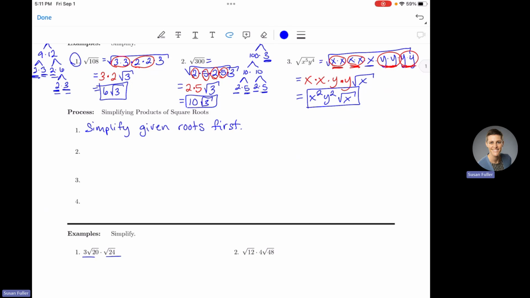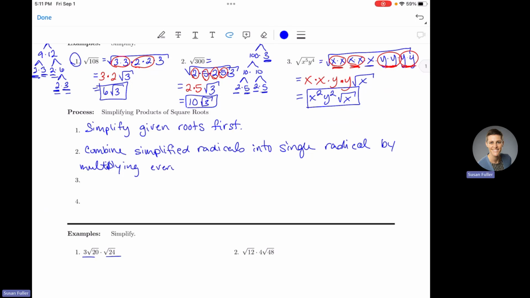And then once you simplify what you have, I want you to combine the simplified radicals into a single radical by multiplying everything on the outside and everything inside under a single radical.